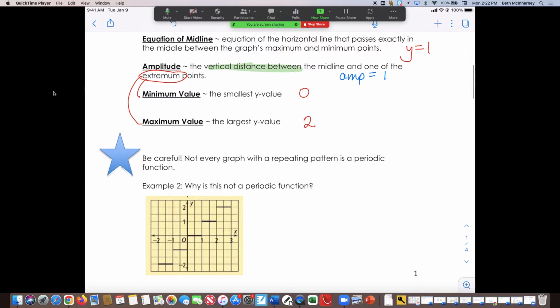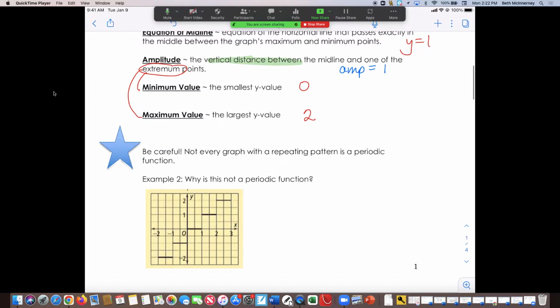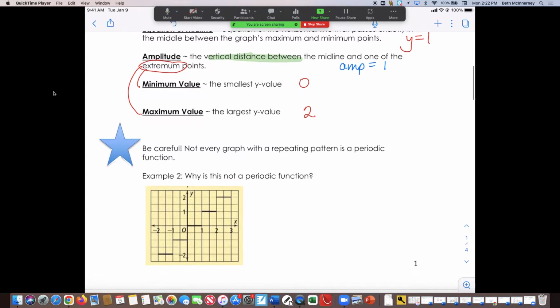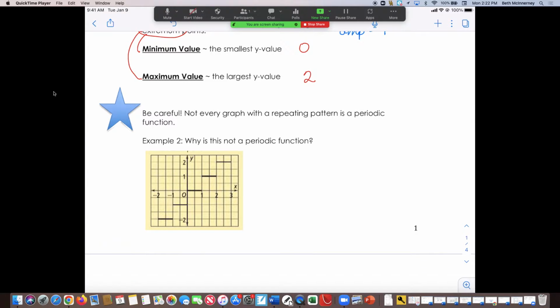All right, be careful. Not every graph with a repeating pattern is a periodic function. In example 2, why is this not a periodic function? Yeah, Jared? Awesome. Okay, this does not return to the same y values.